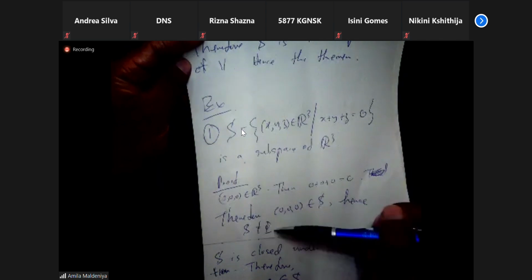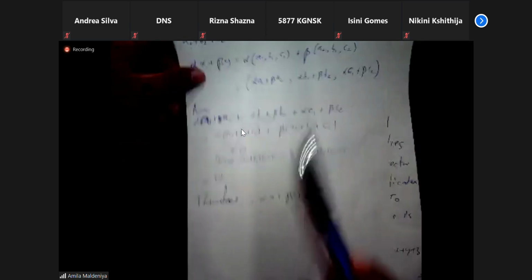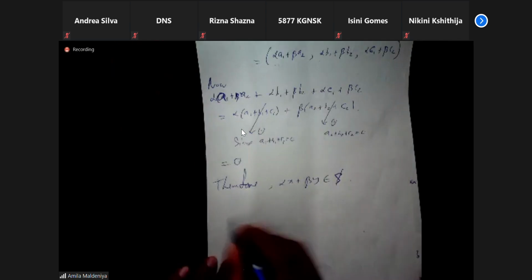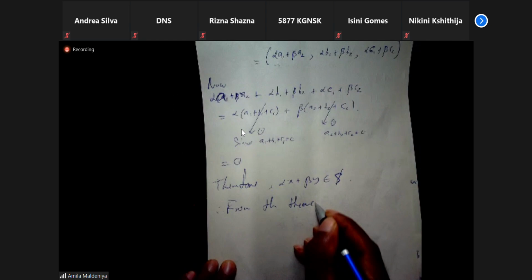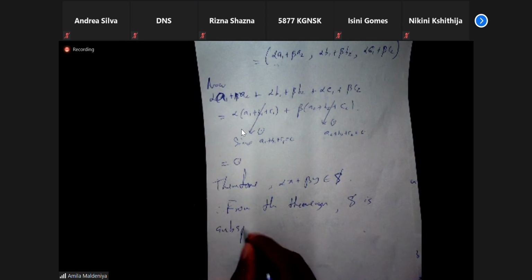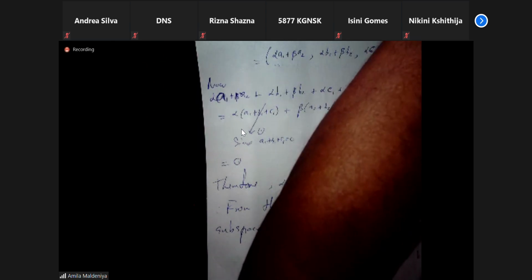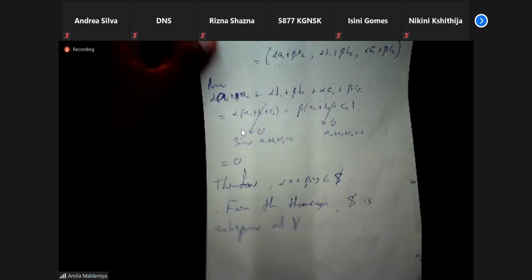First, S is non-empty. We proved that. Second, for any two elements, the linear combination alpha X plus beta Y has to be in S. We proved that too. So by the theorem, S is a subspace of R3.